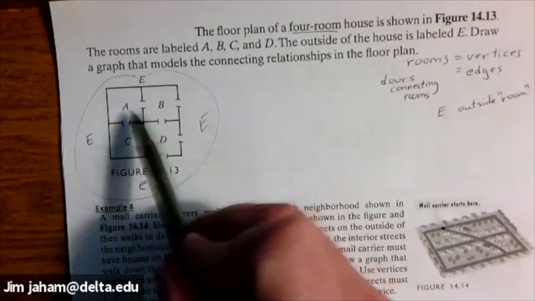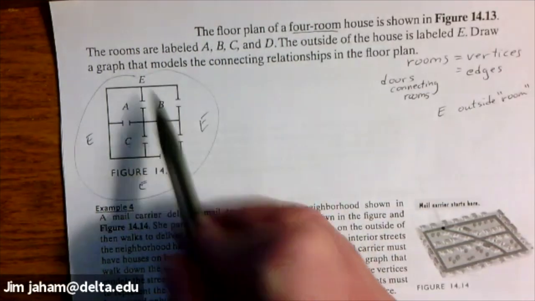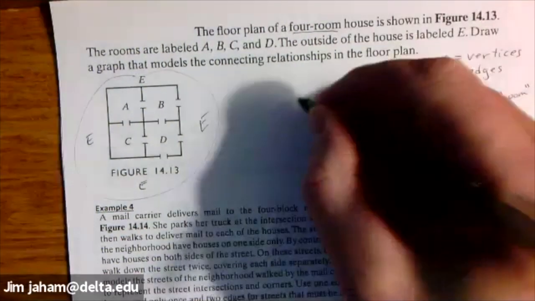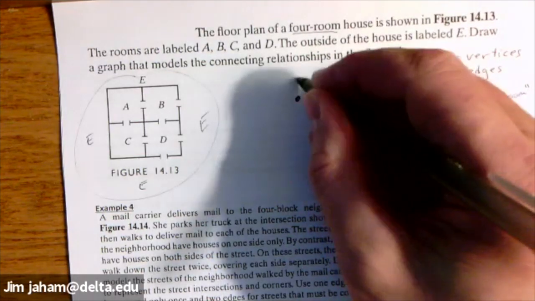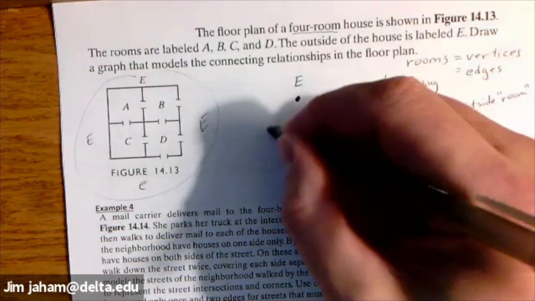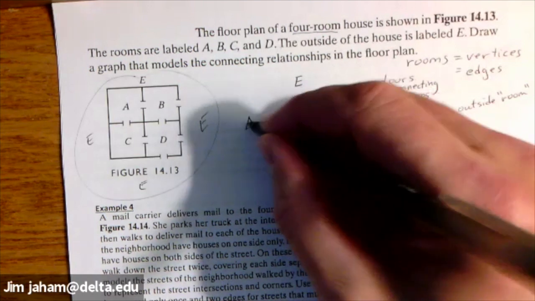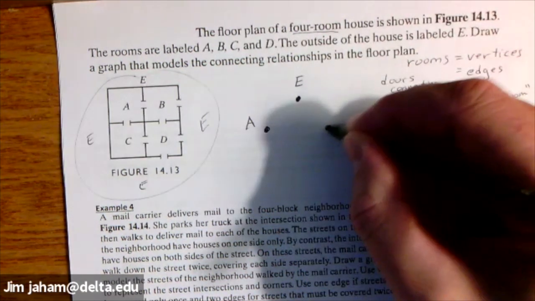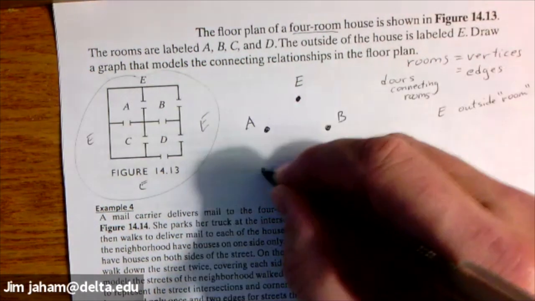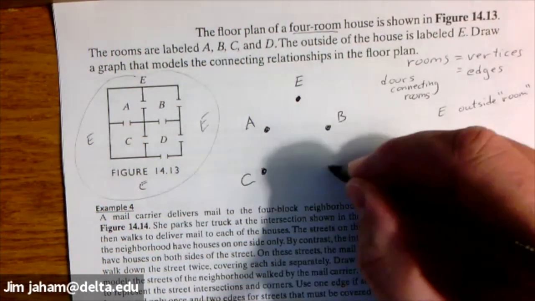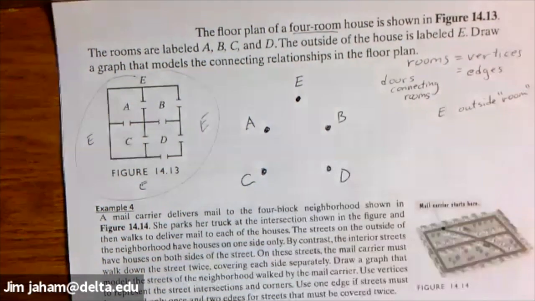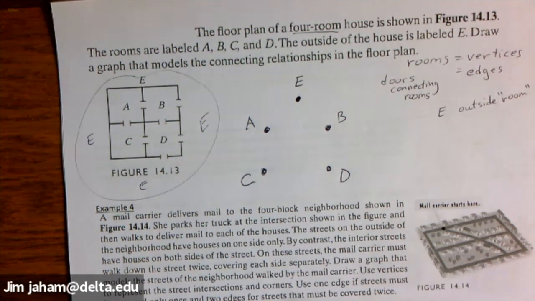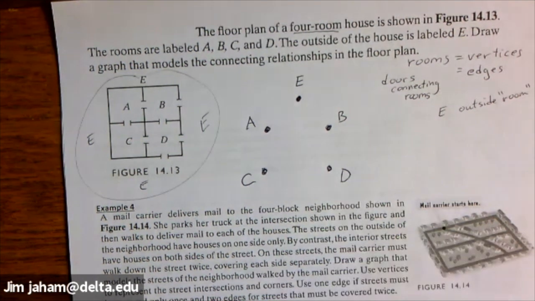So we have room A, room B, room C, room D, and room E. I'm just going to write down those 5 rooms in the same position where they're located in the house. And then we just go room to room and find out where the doors are.